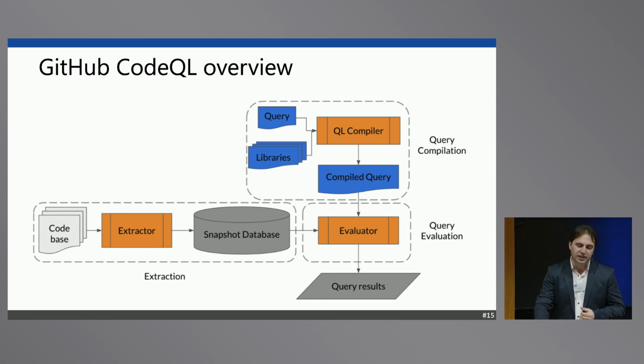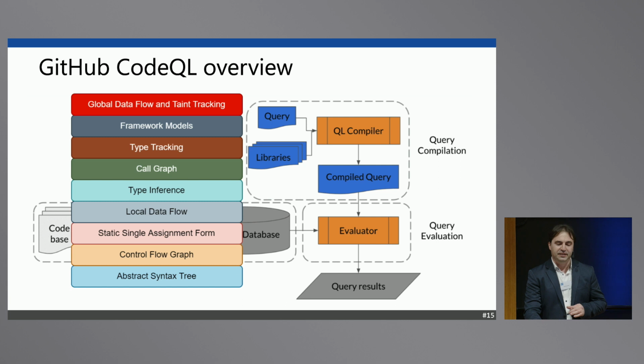The example I showed in the beginning with this multi-label taint tracking, we developed by extending CodeQL to handle this kind of use case. Okay? So step one, we have this system that takes a code base and identifies potential prototype pollution.